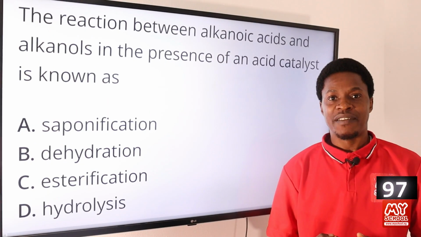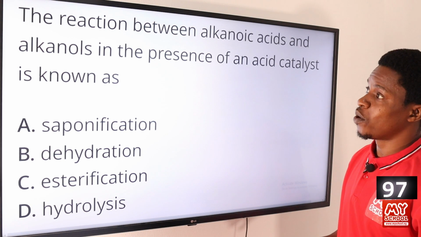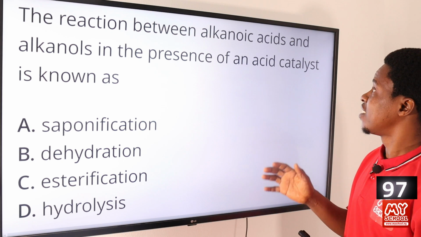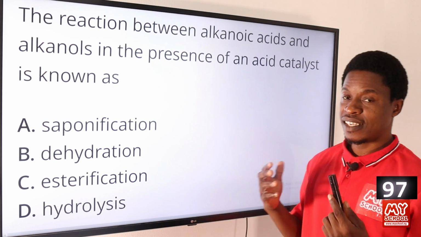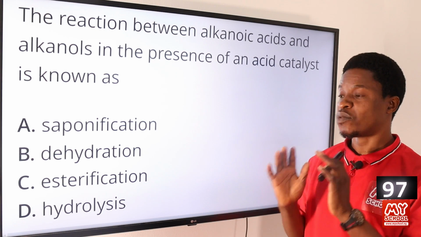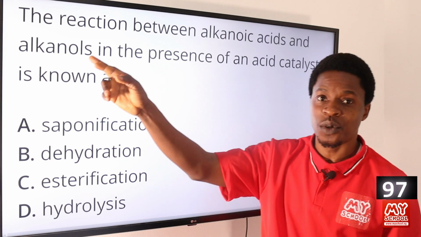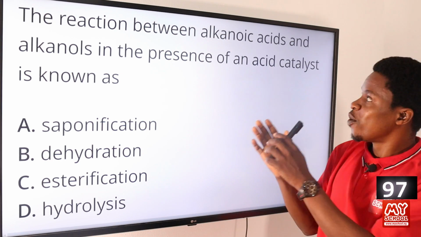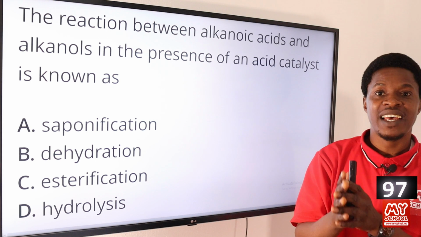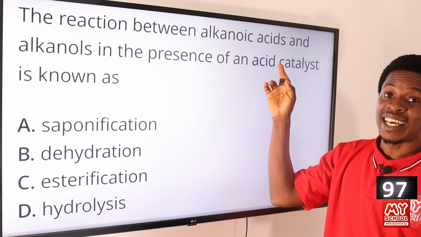Question number 97. The reaction between alkanoic acids and alkanols in the presence of an acid catalyst is known as... This is a direct question, a bonus mark and a straightforward question. Reaction between alkanoic acid and alkanol usually gives alkanoates, or what we call esters, in the presence of an acid catalyst.